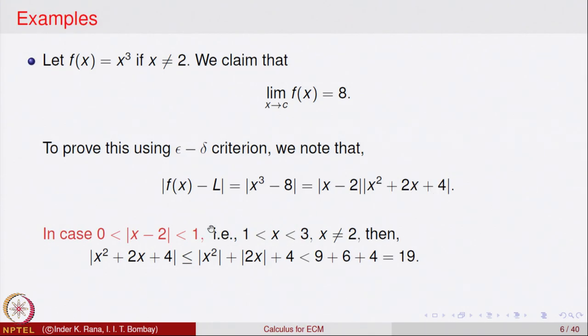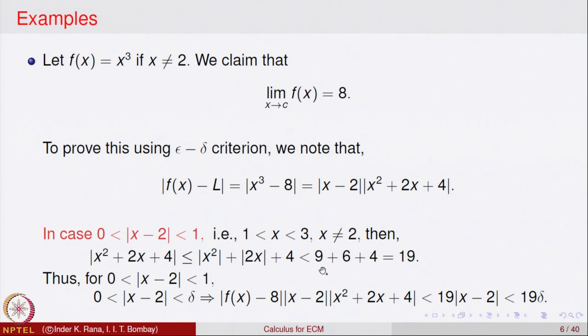So, that means, if mod x minus 2 is less than 1, then mod f x minus L is going to be less than 19 times mod x minus 2. So, let us keep that also in mind. In case we want, what we wanted was mod x minus 2 is less than delta. So, if mod x minus 2 is less than 1, and also mod x minus 2 is less than delta, then mod f x minus 8, which was equal to this.